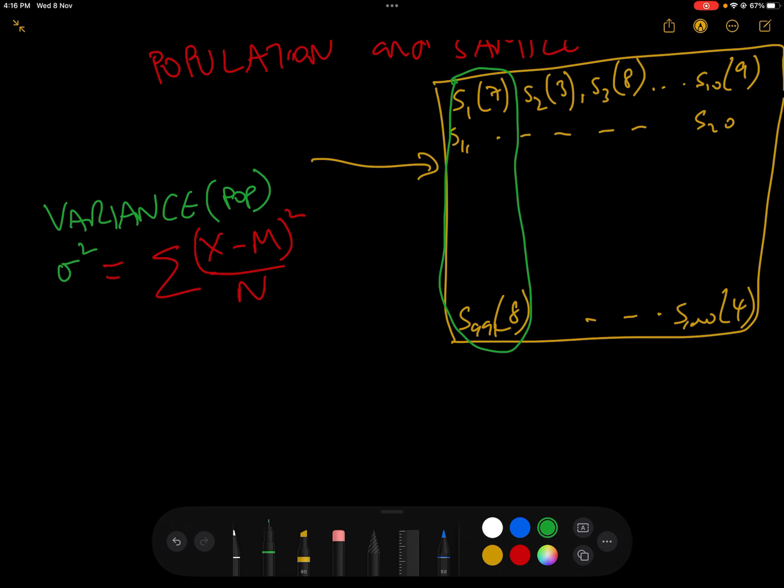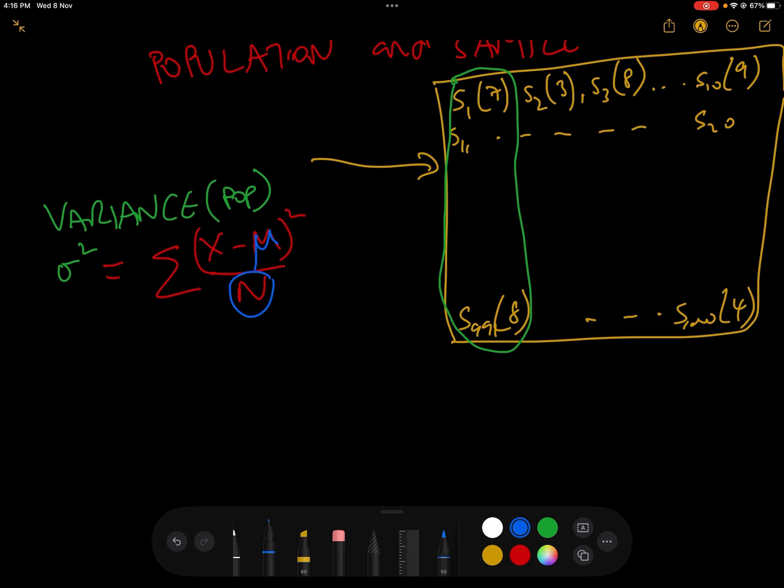Now, when we use the entire population, n is the number of people in the population, i.e. 1,000, the population size. M, by the way, a lot of people actually use the Greek letter mu for the mean, so don't get confused about that.